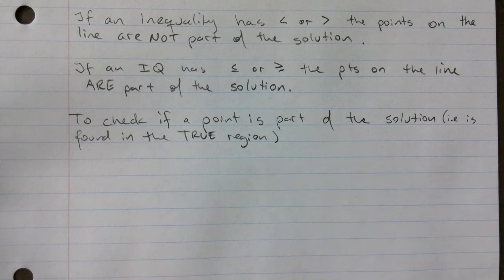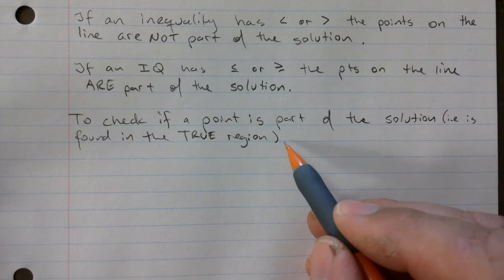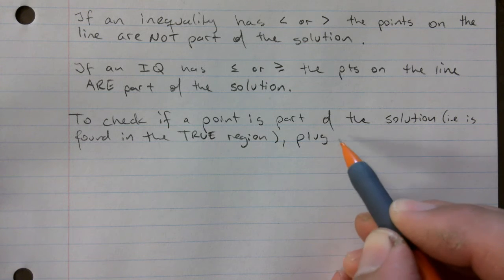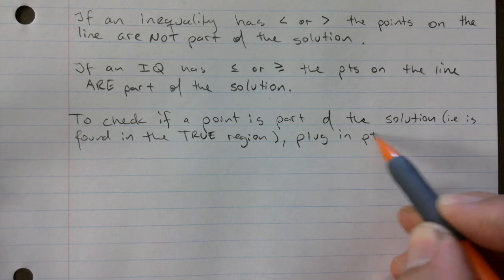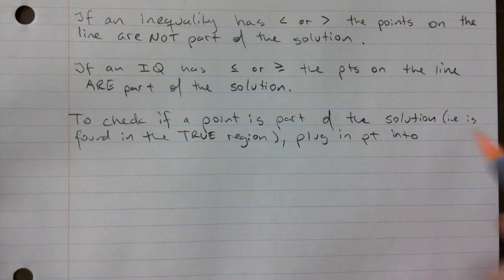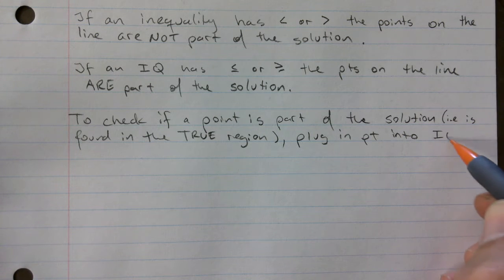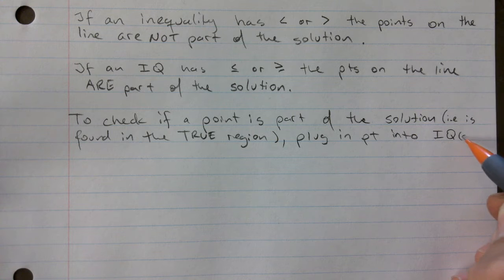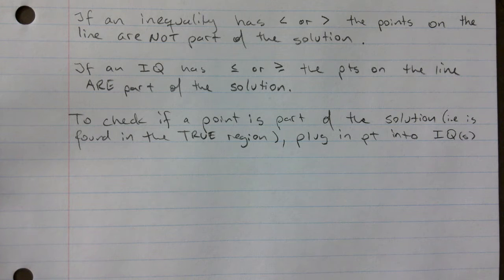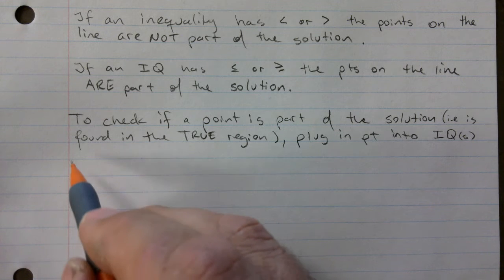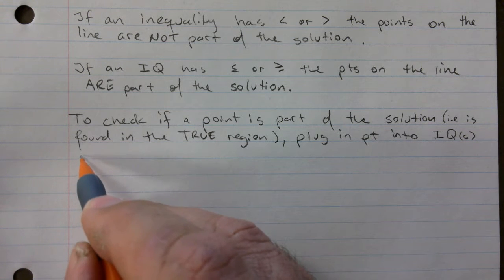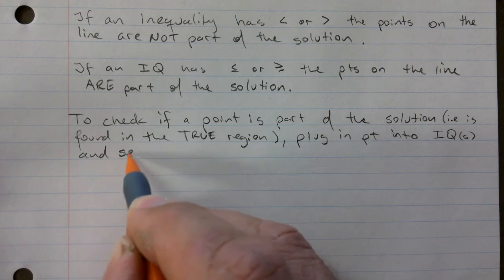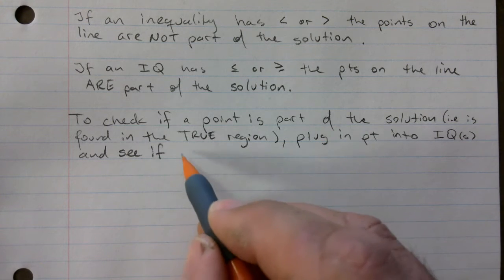You would be located in the true region if you were to graph it. Plug the point into the inequality or inequalities. If there are more, you would just have to plug them into all the inequalities, and see if the statement is true.